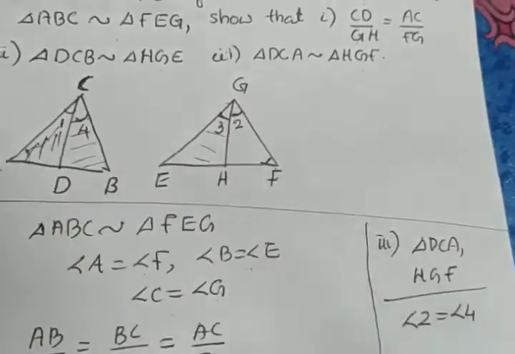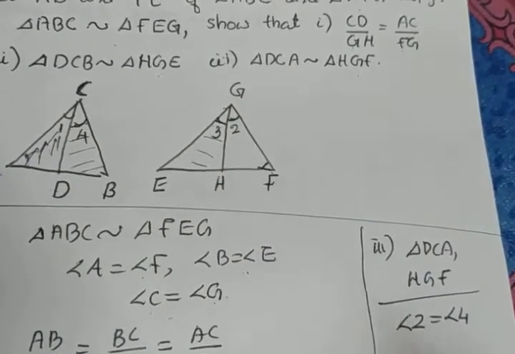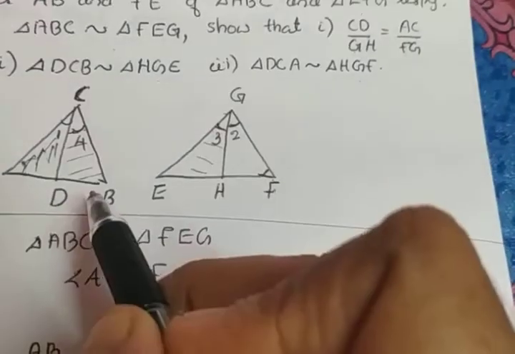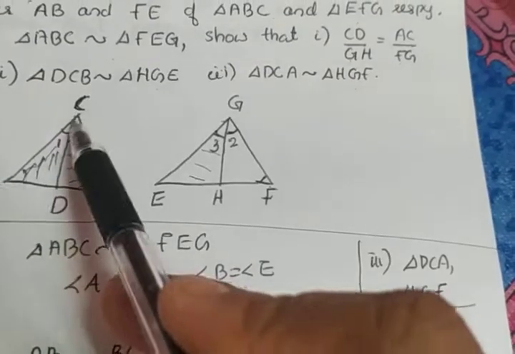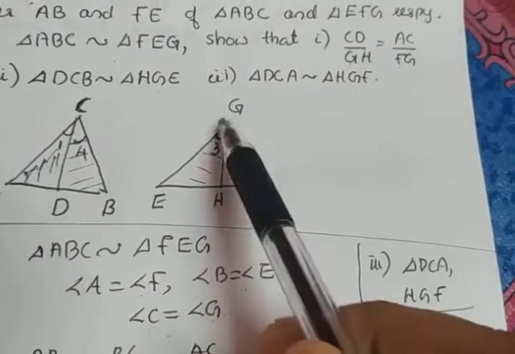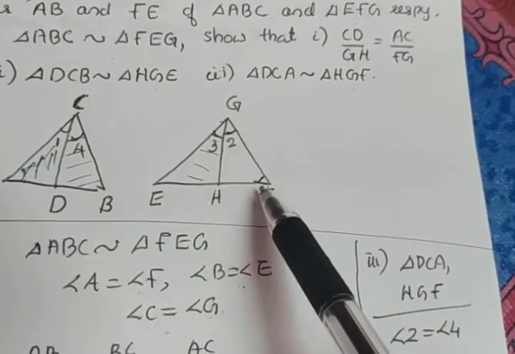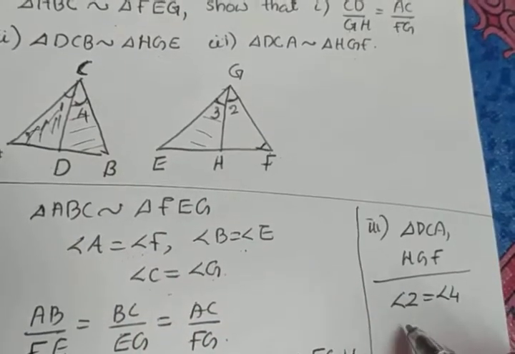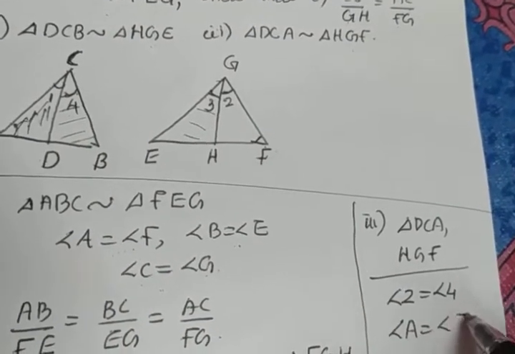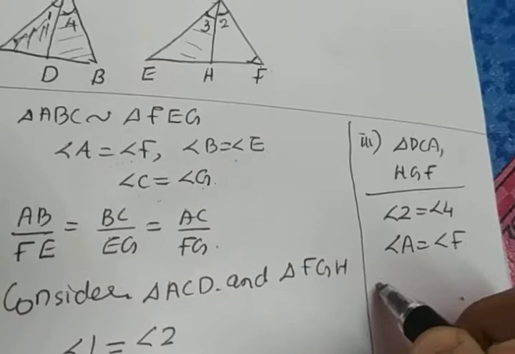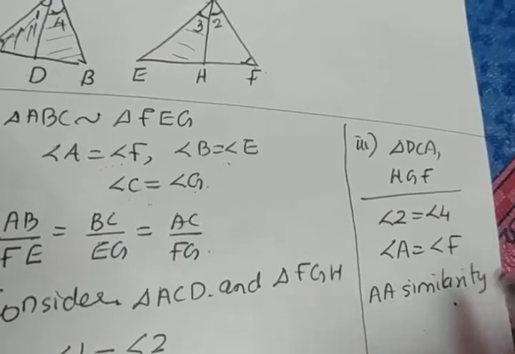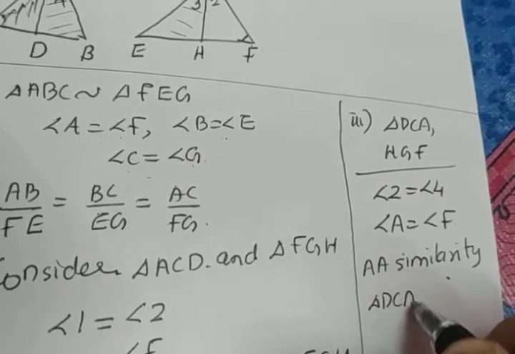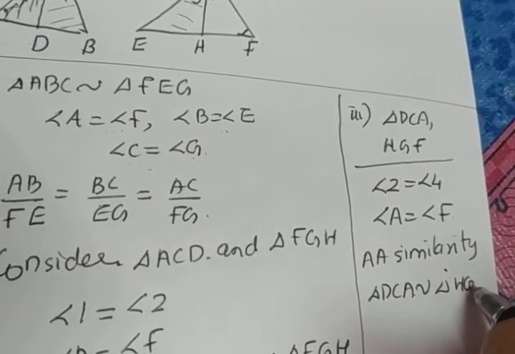So 4 and 2 are halves of equal angles, so they will be equal. Again, angle A is equal to angle F, which is also the given condition. Since two angles are equal, by the AA similarity criterion, triangle DCA is similar to triangle HGF.